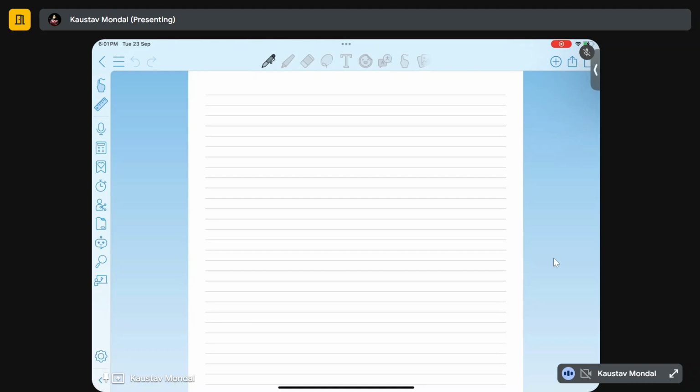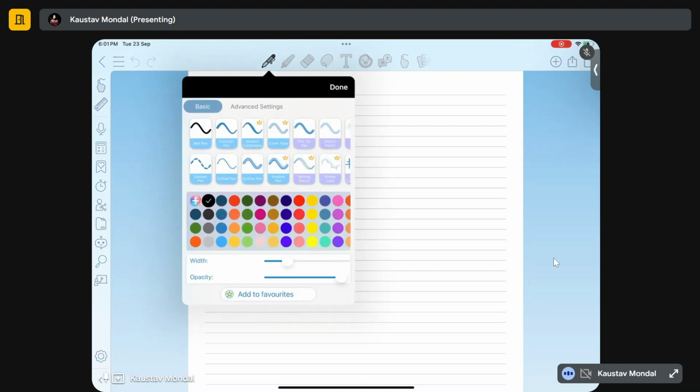Before starting our discussion, let me first revise the things that we discussed in the previous class.